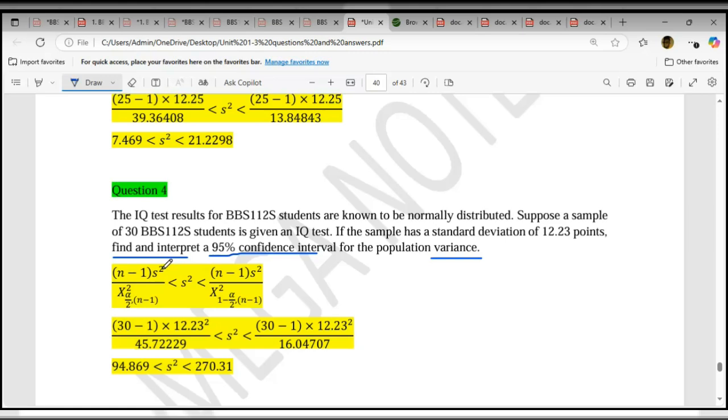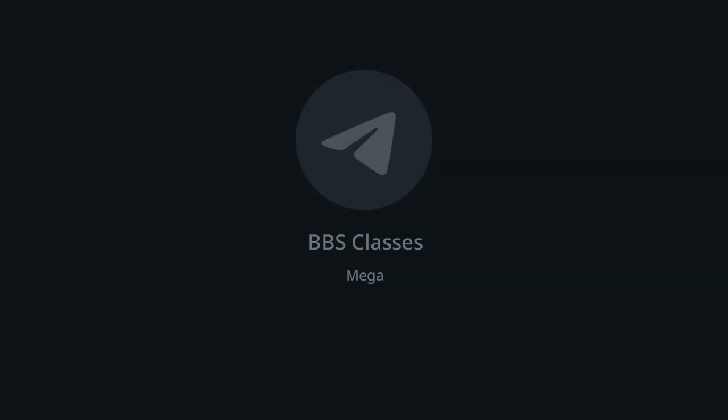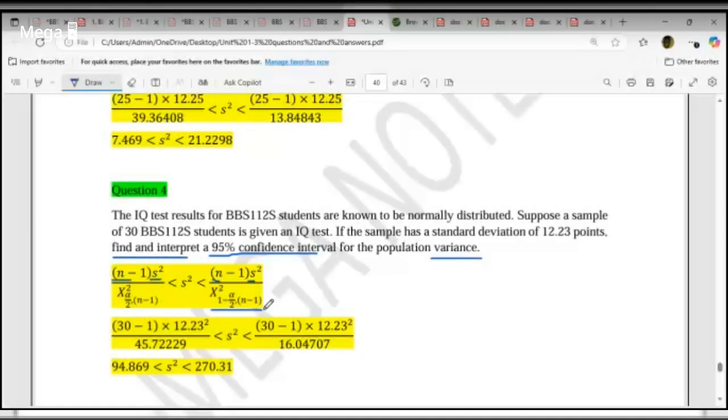Now, if you are confident you know the formula to use every time they say find confidence interval for variance, the next thing you want to master is how to identify the things in the formula. Our formula has n, it has s squared, then it has this at the bottom, and on the other side it still has n, s squared, and this one at the bottom as well.